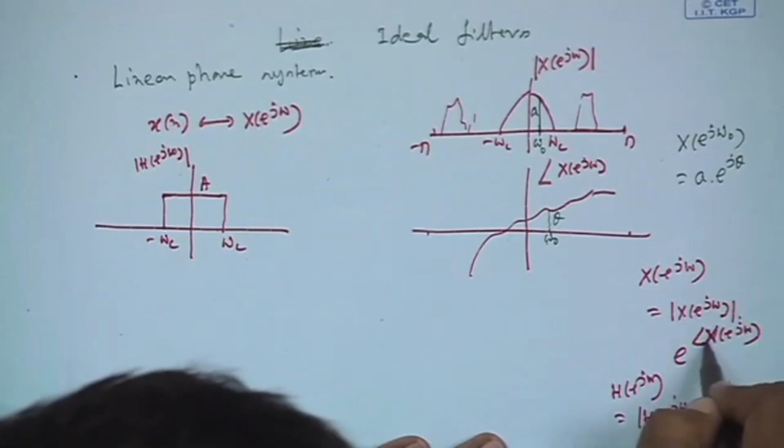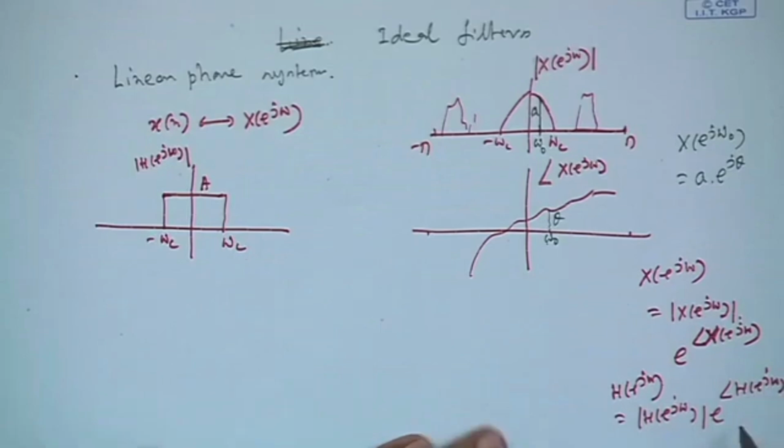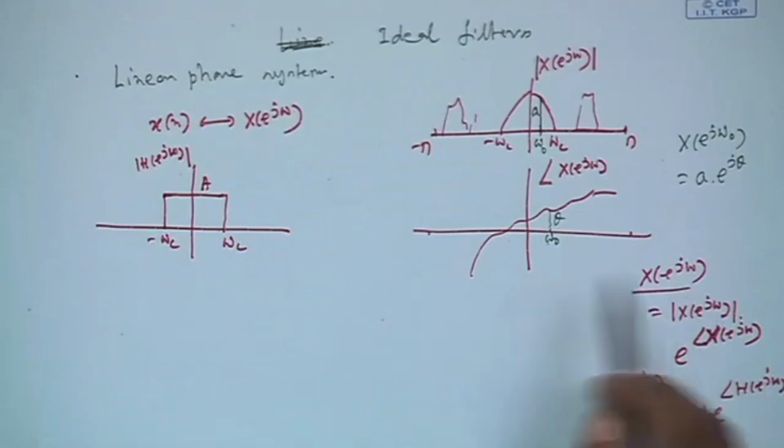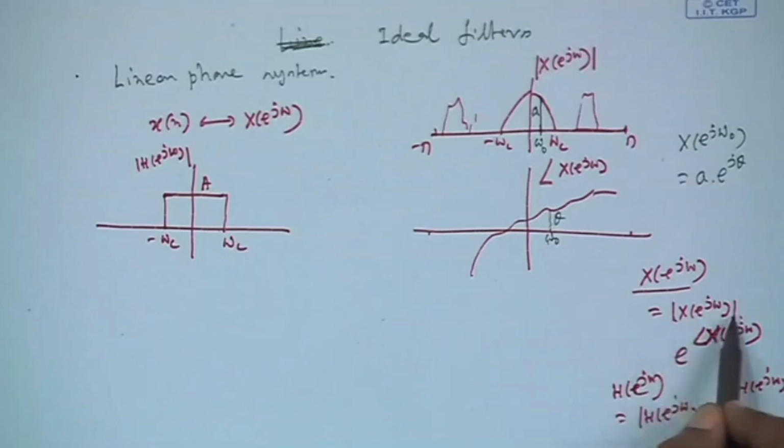Sorry, this is x, very sorry, this is x. So, when you pass a signal through the filter of transfer function h e to the power j omega, output will be product of the two DTFT. So, output magnitude will be mod of x e to the power j omega into mod of h e to the power j omega, and phase e to the power these two phases will add. So, summation phase will be added and magnitudes will be multiplied.